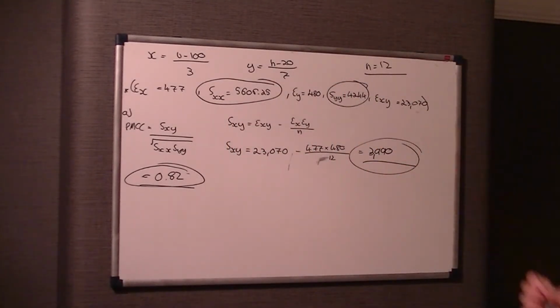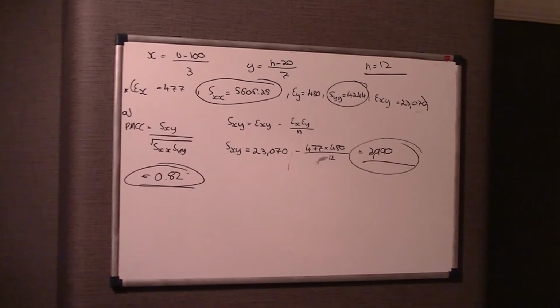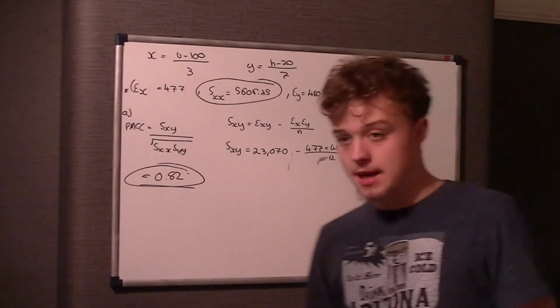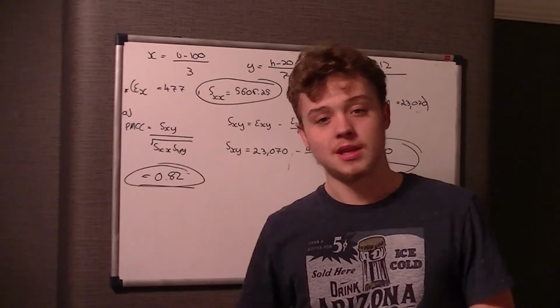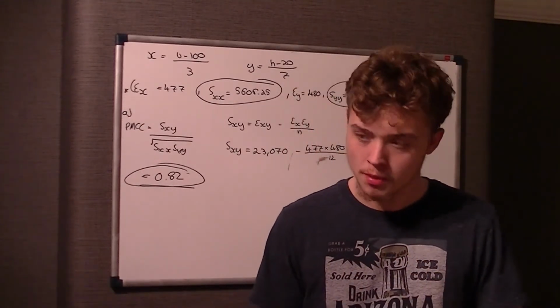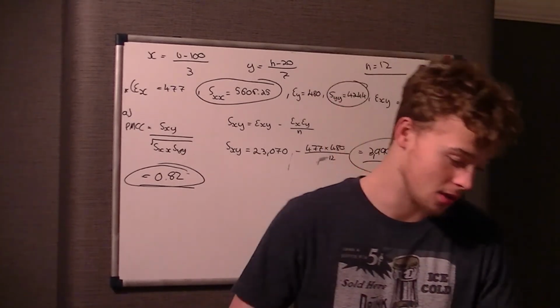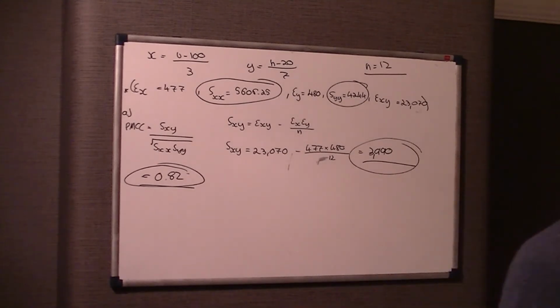All you need to say is that because it's positive and strong, these two variables, unemployment and house repossessions, have a strong positive relationship. If you got a negative value, you should know you're wrong, because maths is logical and they're not going to create a value which doesn't make sense, especially in economics terms.